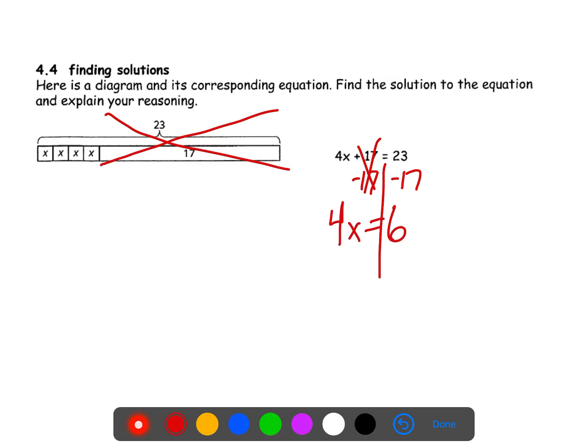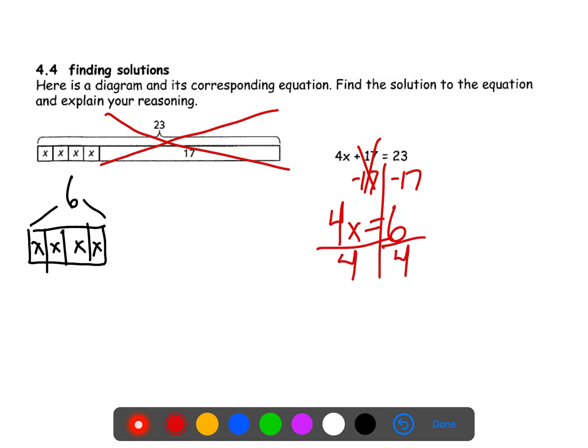4x's equal 6. So really, if this helps you, what we're dealing with now is our 4x's, if we modified our tape diagram, is equal to 6. This is what we're trying to solve now. So we'll divide that total by the 4x's that are there.